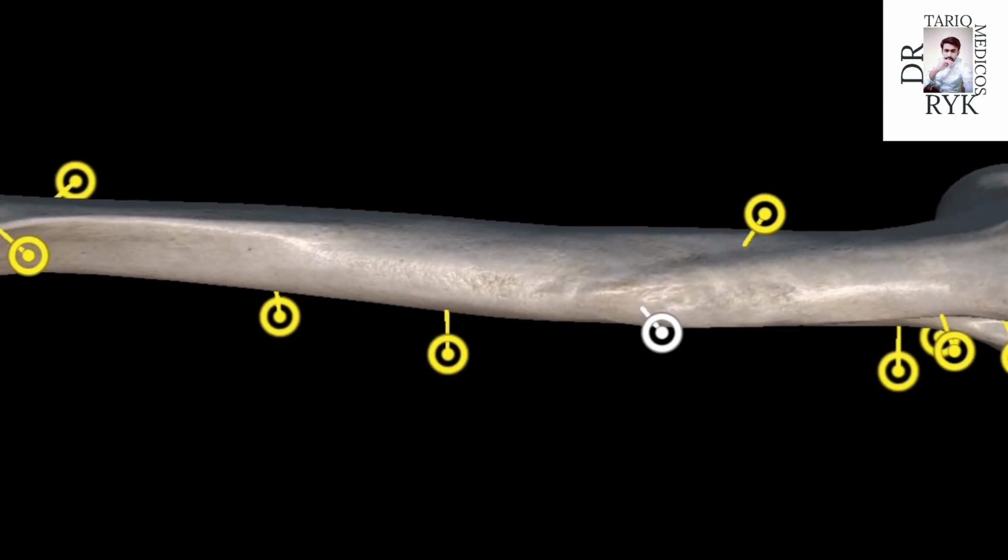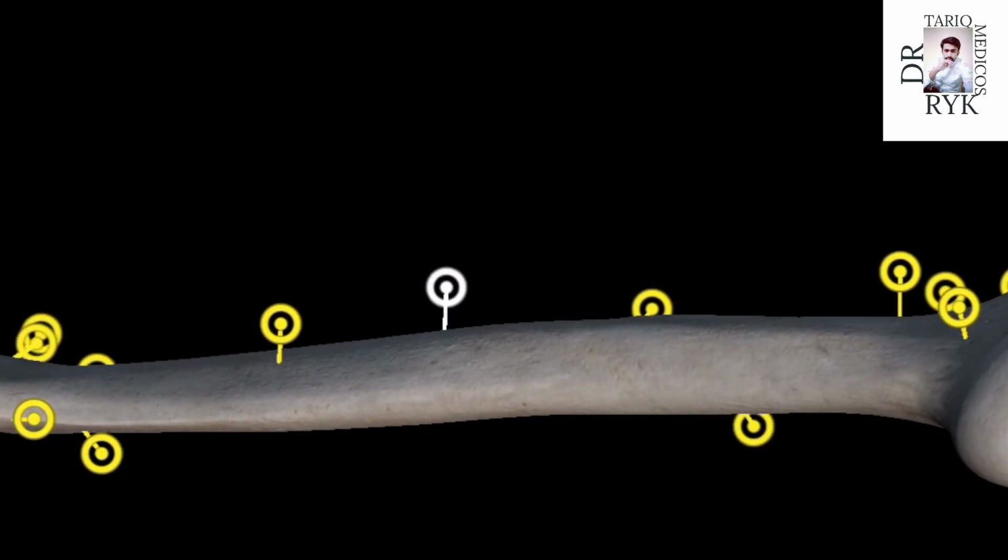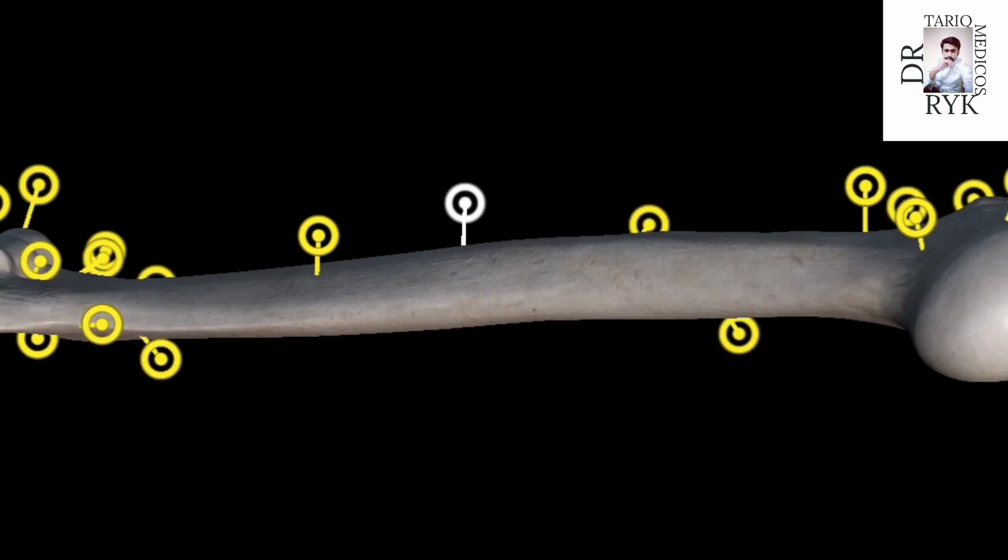See, this is the deltoid tuberosity, and here is the insertion of the deltoid muscle. This is the anterolateral surface of the shaft of the humerus. Now see from the medial surface of the humerus. This is the medial view of the humerus.